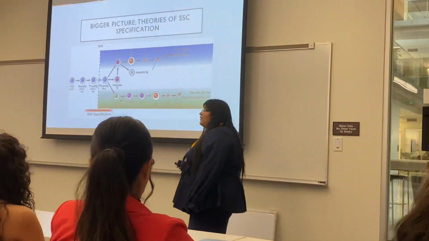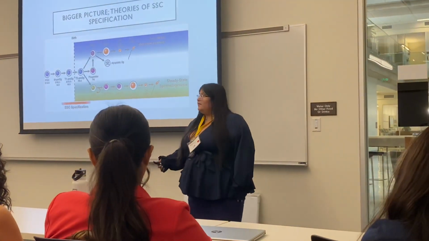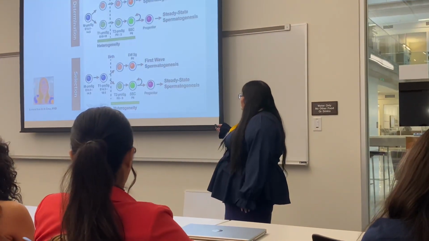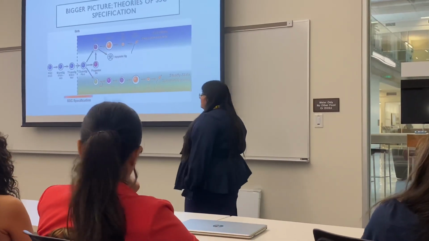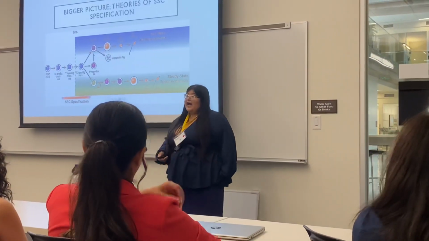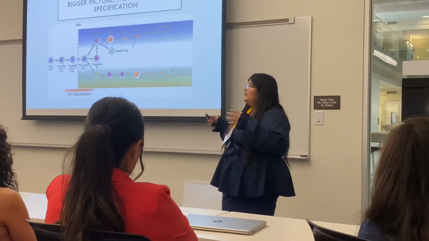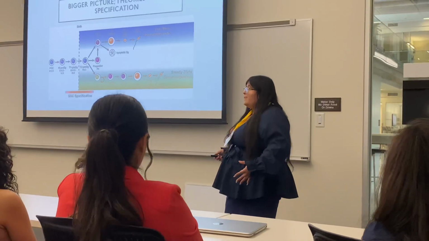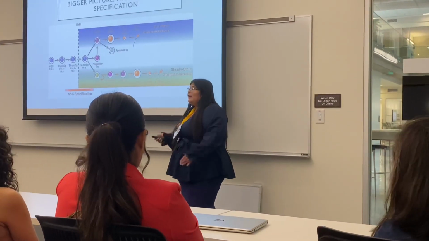However, we don't have a lot of information regarding the biological mechanisms which determine why they either go to the first wave or make SSCs. Determining why and how SSCs function and are created can lead to profound impacts on fertilization treatments, and on the flip side, potential contraceptives.